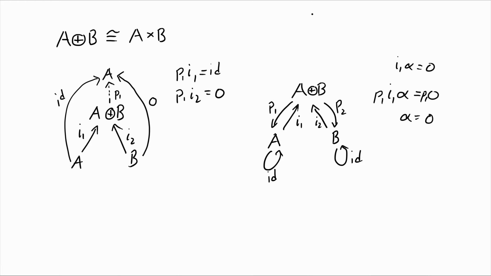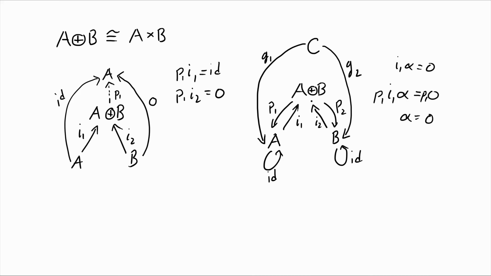All right, let's suppose that we have just any object, C, and we're going to think about C as having a map to A, call it G1, and a map to B, call it G2.